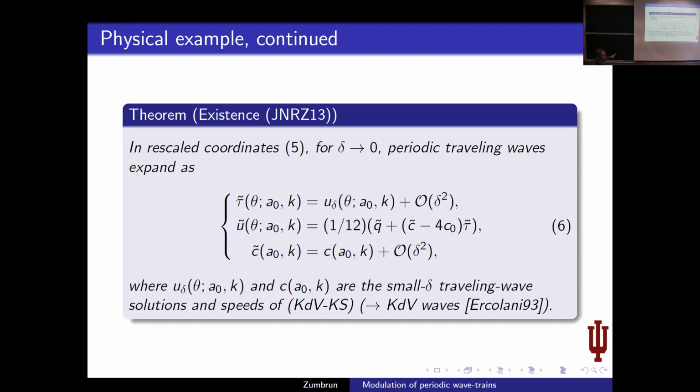Yeah. So this is one of the things we showed, that the profiles converge, appropriately rescaled, to these KdV-KS profiles, which, by the way, were already shown to approach KdV waves as delta goes to 0 by Ercolani. So taking both together, we get convergence to conoidal waves, periodic conoidal wave solutions of KdV. After all this rescaling, well, what did we prove it in?